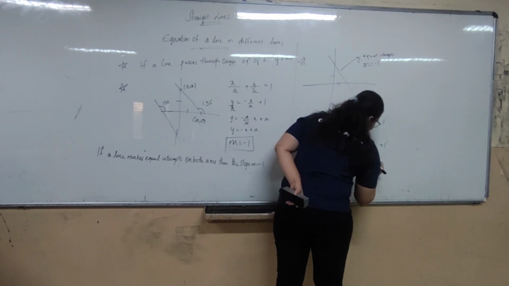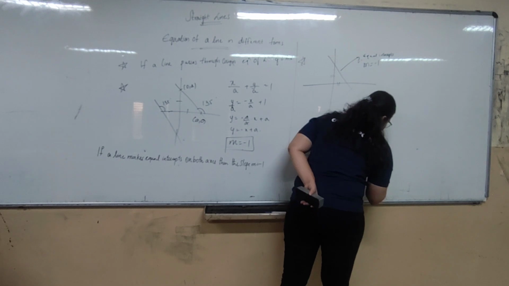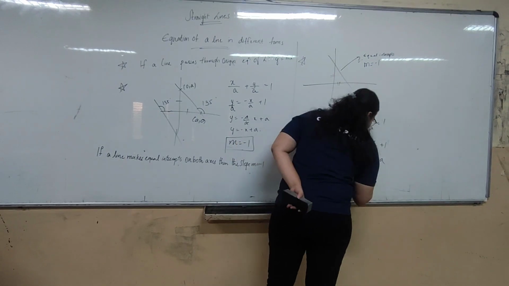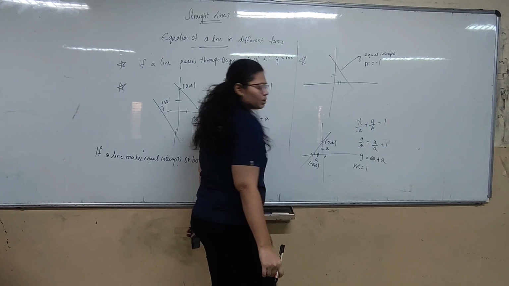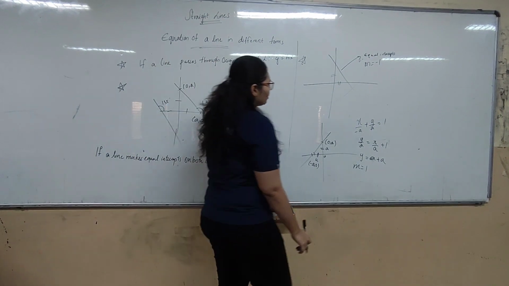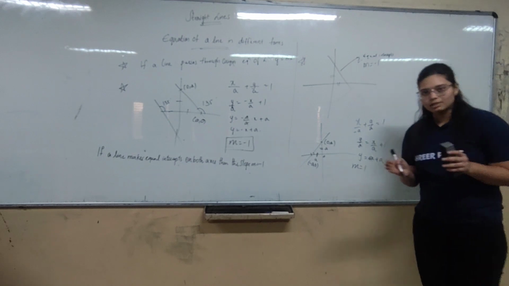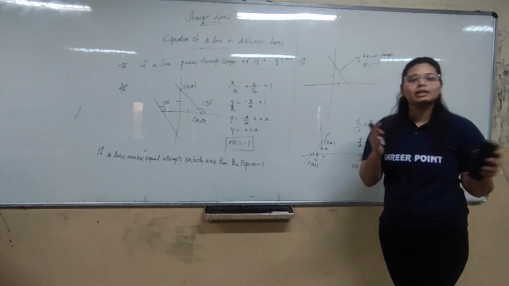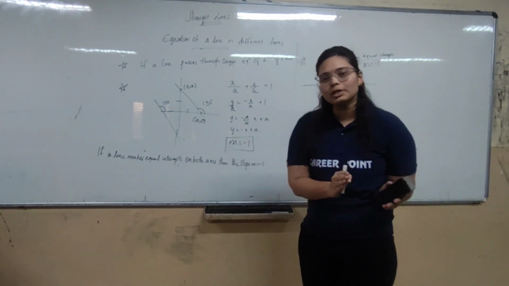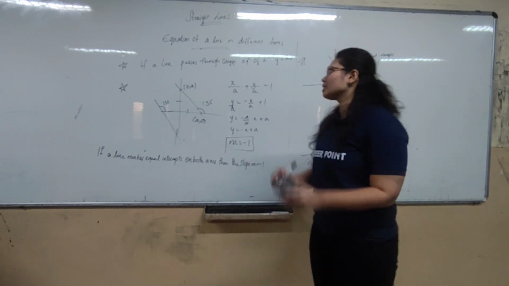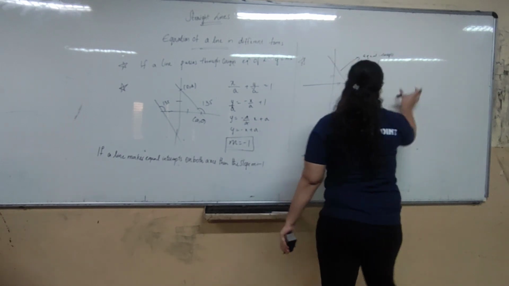So y is equals to x plus c. Right? So therefore m is equals to 1. So overall what we can say, if a line cuts the axis at equal distances, then slope is either +1 or -1.